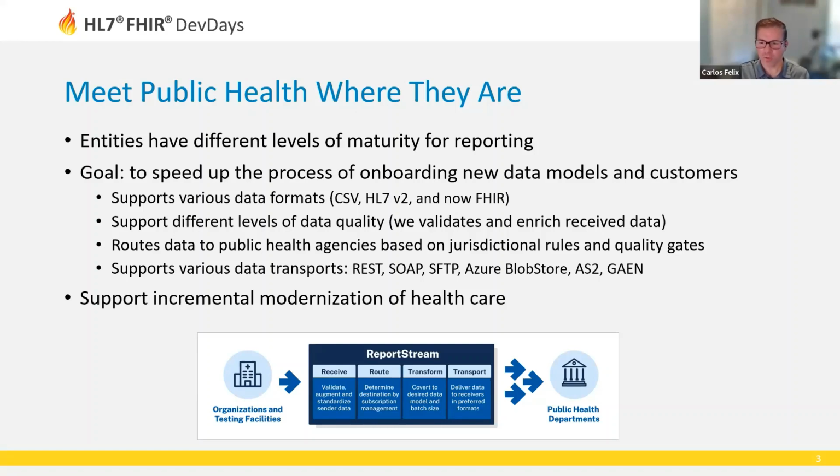So that all leads to our goal to speed up the process of onboarding new data models and customers. And how do we get there? Well, we have to have a system that will support various data formats: CSV, HL7v2, FHIR. Yes, CSV, comma separated, which is quite common right now. We need to support different levels of data quality. Some places may give you a lot of data and it's accurate. Some places may give very little or incorrect data, and we have to fix that as well. We have to route that data to the public health agencies based on jurisdictional rules and quality gates that they provide.